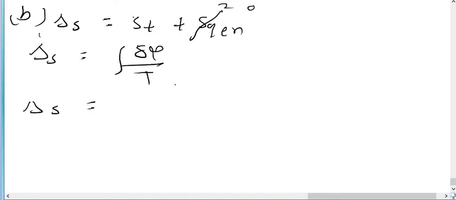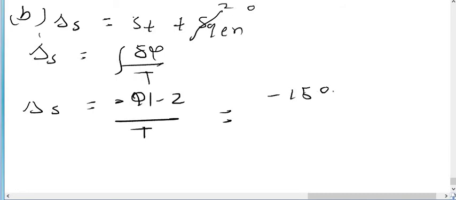So dS is equal to the heat transfer from the thermal reservoir. The heat is lost, so it is going to be negative, because heat is lost from the thermal reservoir to the air. So we have minus Q1-2 over the temperature, which is minus 150 kilojoule, multiplied by 10 to the power of 3 to convert it to joule, all over the constant temperature, which is 290.